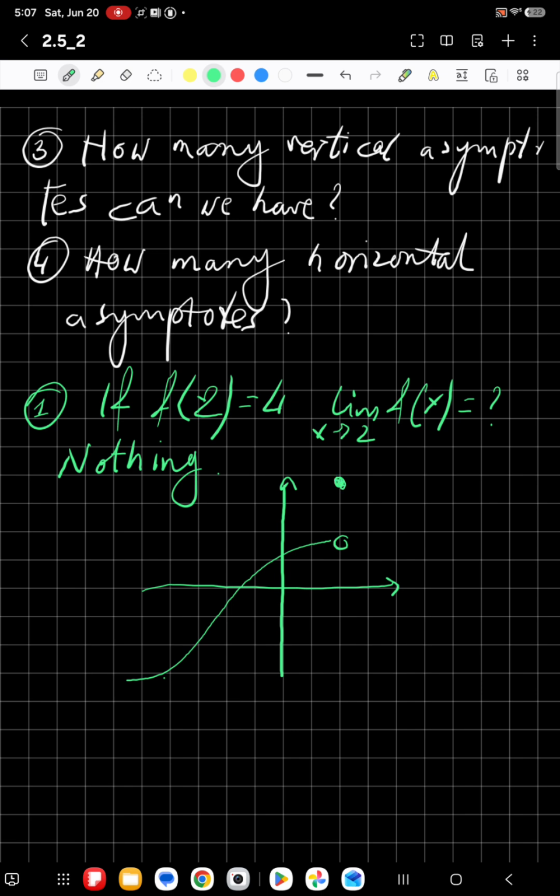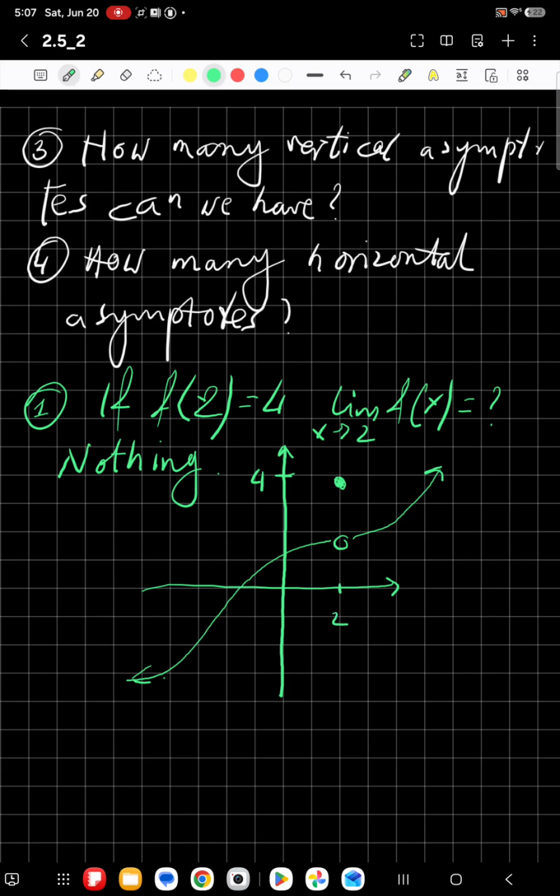Well, 4 is right there, and then the function continues. So this is, let me make the graph better. I'm just going to extend the y-axis a little bit. Okay, so this is 4, this is 2.